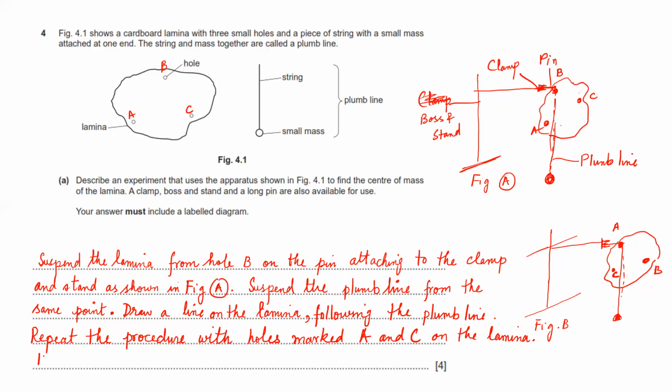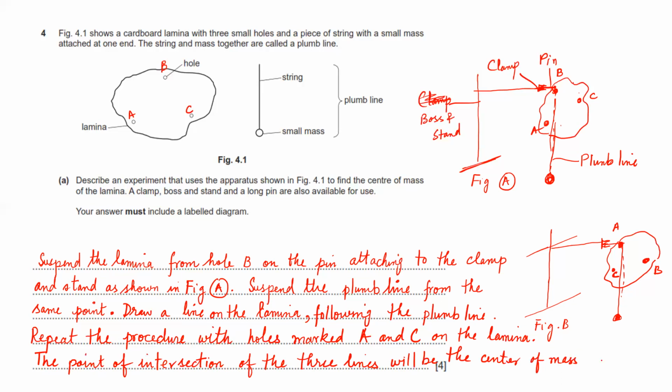The point of intersection of the three lines will be the center of mass of the lamina. Okay, that is how you do this experiment.